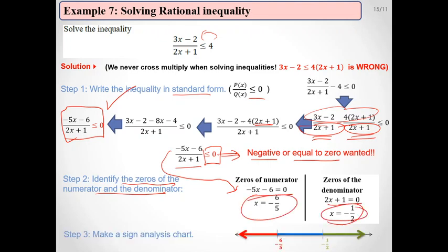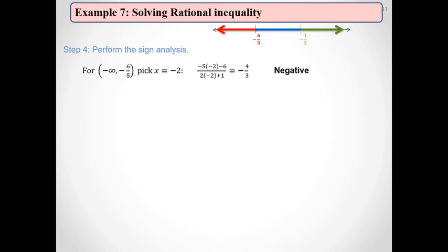What's the next thing? You have to make an analysis chart. So you put these numbers, the roots, on the real line, and then pick test points. Pick -2.